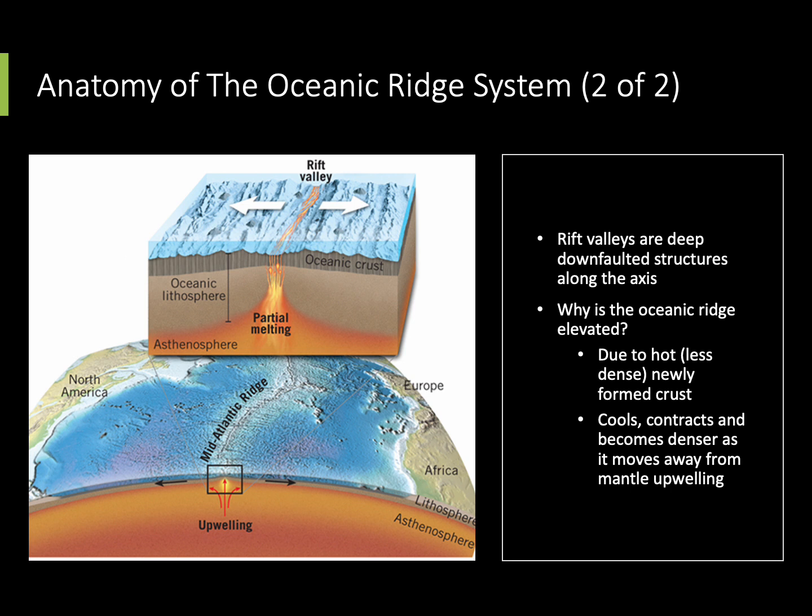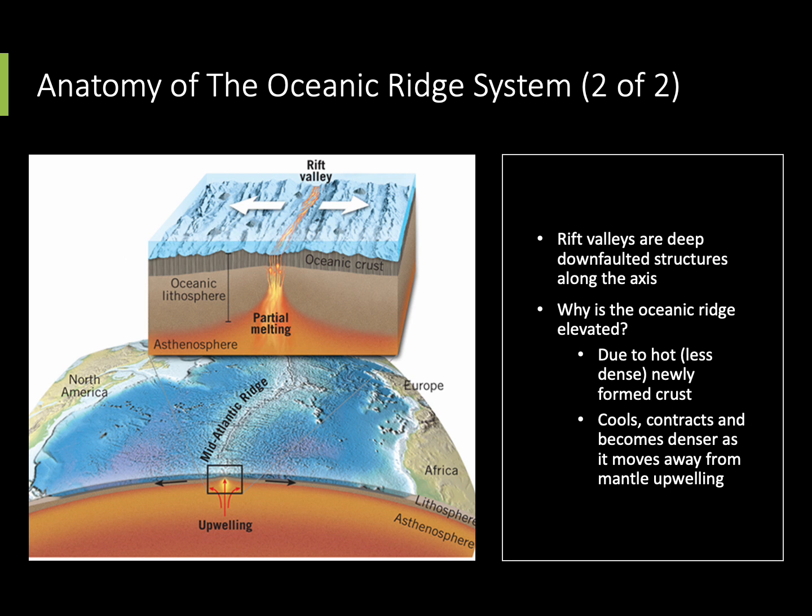But I want to focus again on why we see that our mid-ocean ridges have a higher elevation than the rest of our seafloor. And because I'm going back and re-emphasizing this, you should probably know it for your quizzes and for your exam. The reason why our mid-ocean ridges are elevated, they're higher than the rest of the seafloor, is due to the fact that they are newly formed crust.